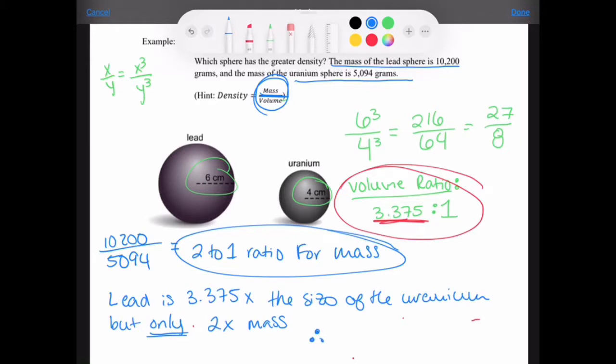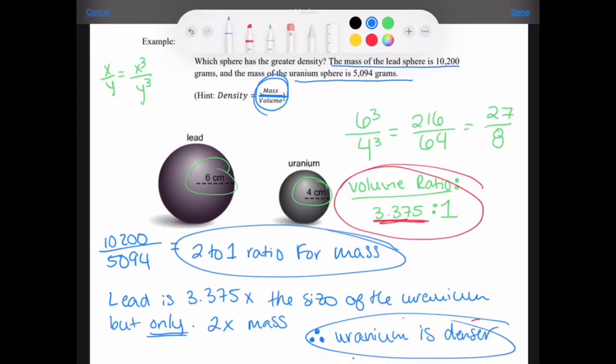Therefore, and if you don't know, this symbol means therefore, the uranium is denser. Basically because the lead is a larger size but weighs less relatively. The uranium is smaller and weighs more, and their density is affected in such a way.